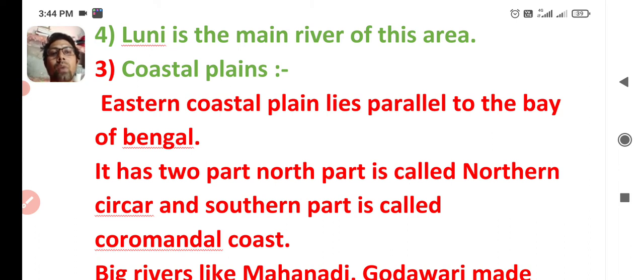It has two parts. The north part, the area along Odisha and West Bengal, is called Northern Circars. And the southern part of this coastal plain is called Coromandel Coast, near Andhra Pradesh and Tamil Nadu. I think you got the point.